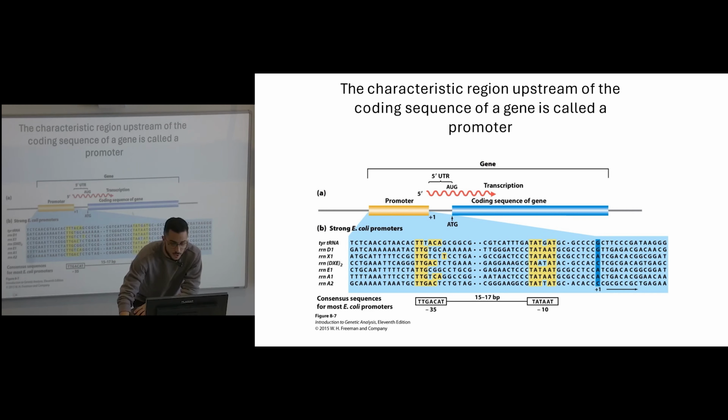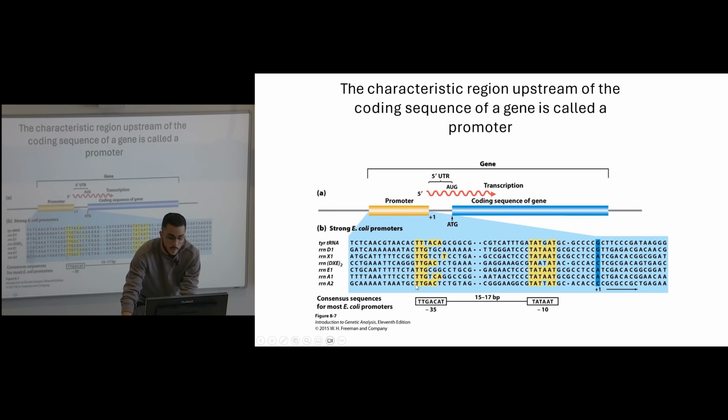What else? So you can see here that it's not 100% conserved, but it still works. So this is the consensus sequence, which is the best out of all these together. The TATA box is very conserved. The other sigma proteins will detect a different sequence here. Usually the TATA box stays, but the other one changes.